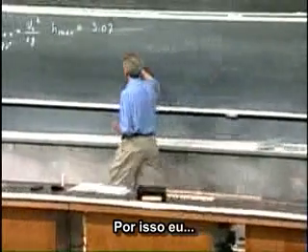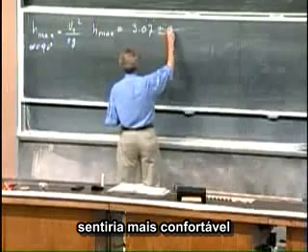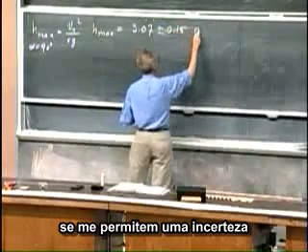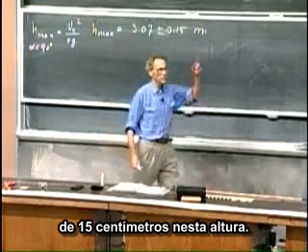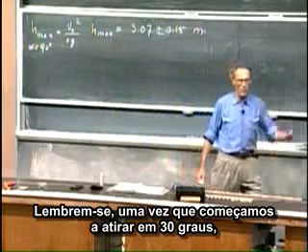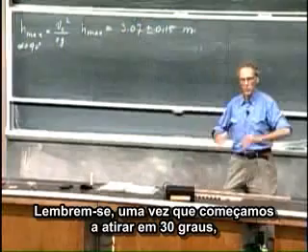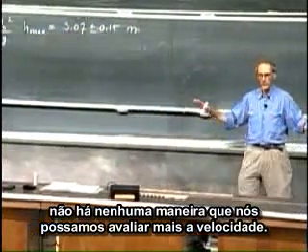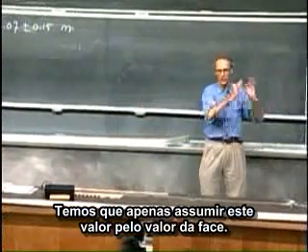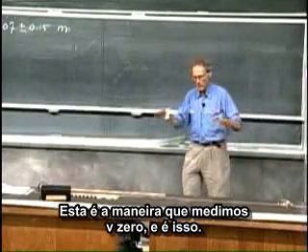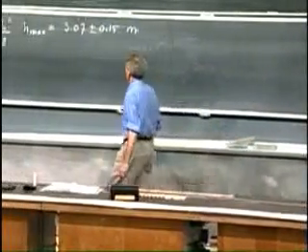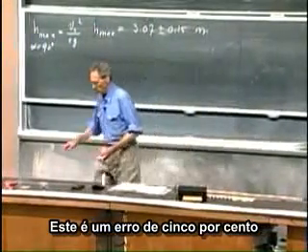I therefore would feel most comfortable if you allow me an uncertainty of 15 centimeters in that height. Remember, once we start shooting at 30 degrees, there's no way that we can evaluate the velocity anymore. We have to just take this value at face value. This is the way we've measured v0, and that's it. This is a 5% error.